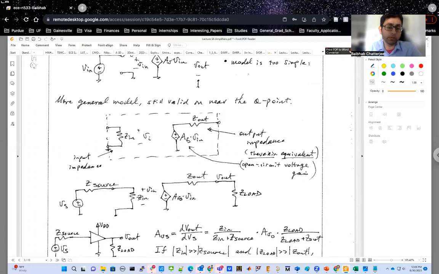Remember, impedance, or Z, is basically the frequency dependent form of your resistance. So earlier we were representing in terms of R in and R out, but in a more general form, you can talk about Z in or Z out in case your input and output are capacitive or inductive as well.